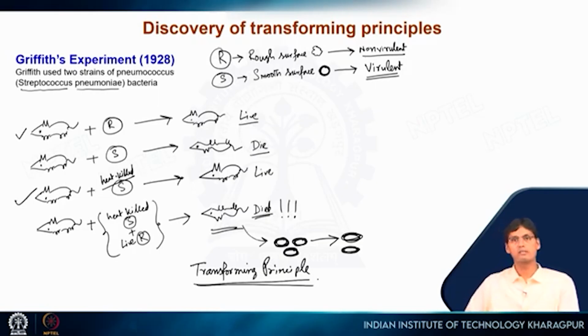So as a result of that, he didn't see the final conclusion of this experiment. Later on, some other scientists proved that this transforming principle is nothing but DNA, and that stored the information. So in heat-killed S cells, in the S strain, although the bacteria is dead, some of the DNA present in this strain went into the R cells and converted the R cells into S strain so that they can now make this polysaccharide layer on the surface.